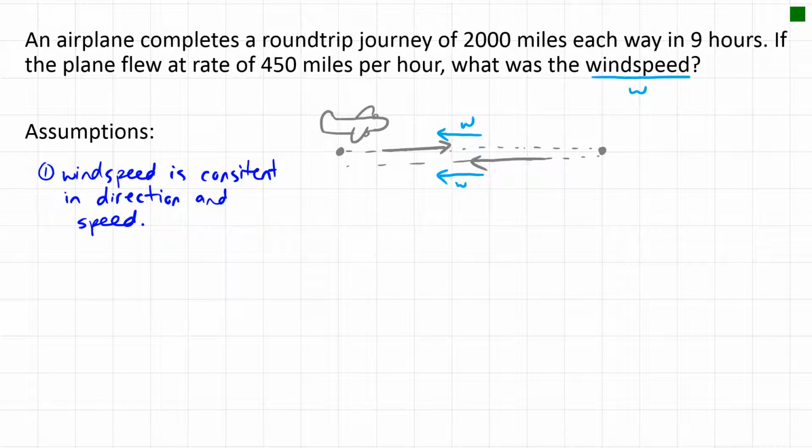And we're also going to assume that it doesn't shift direction, so going from the right to the left at the beginning and then going from the left to the right later. And we're also assuming that the wind blows directly into or from behind the plane.